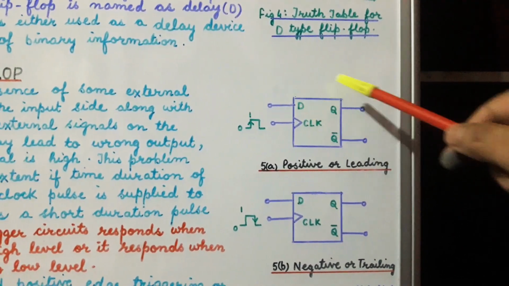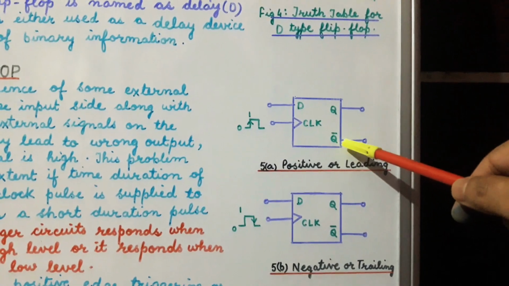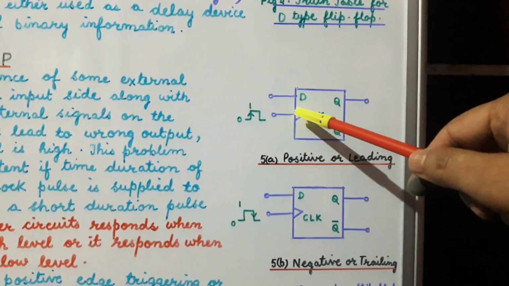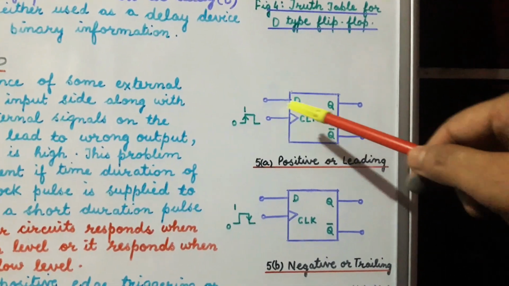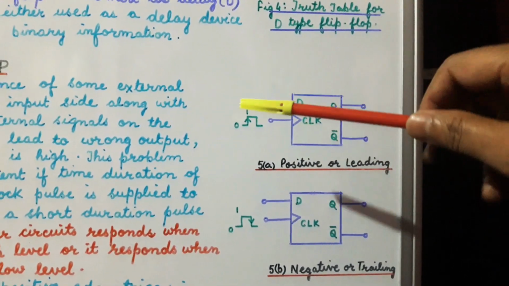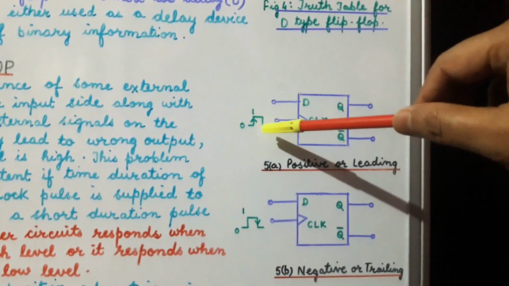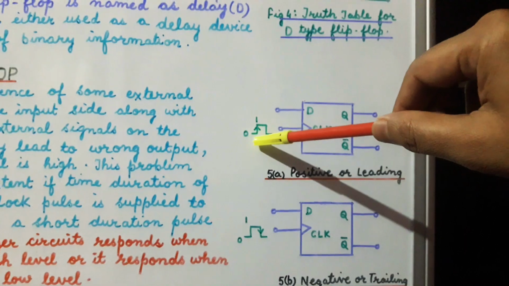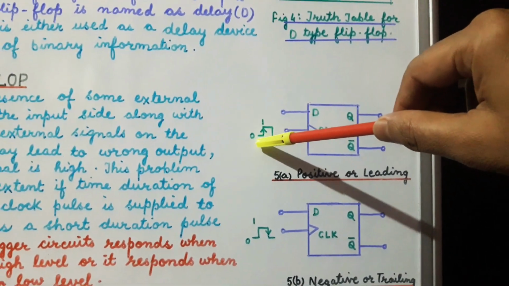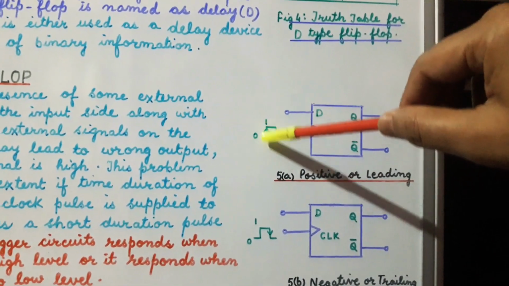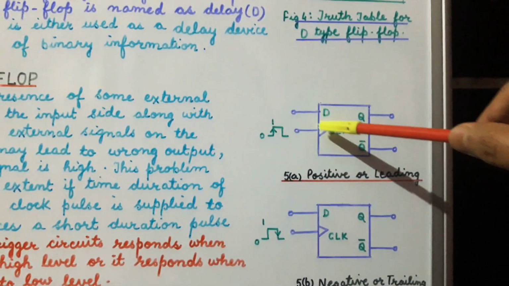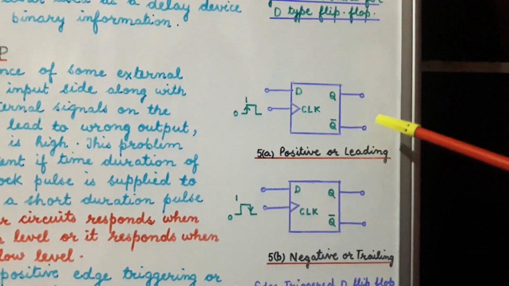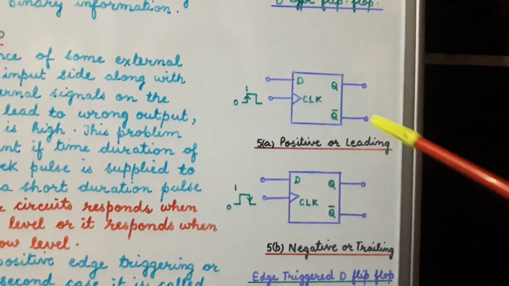This is the D input, this is the output Q and Q bar, this is the clock, this is positive edge triggering, which will respond when the value of the pulse goes from 0 to high. So we have shown an arrow when the pulse is going from 0 to high, so it will work at this edge. So this is the symbol for positive or leading edge triggered D flip-flop.